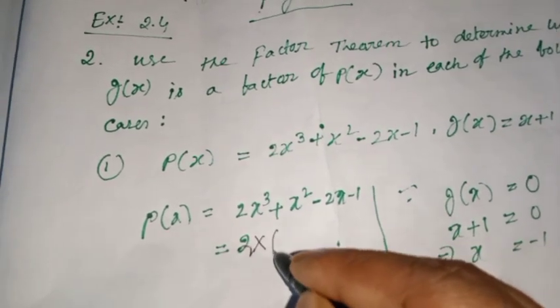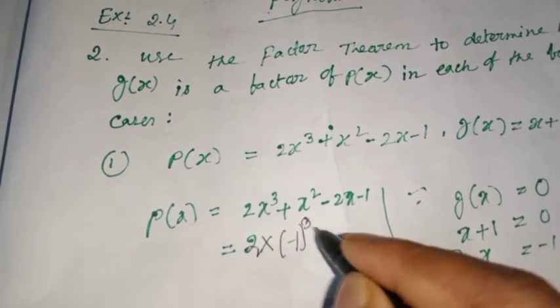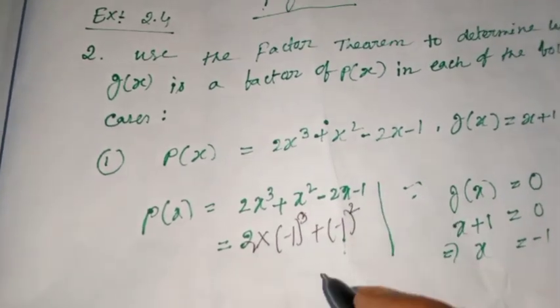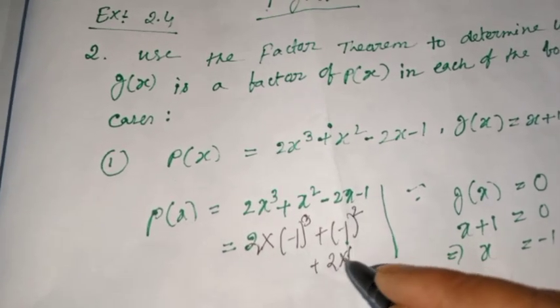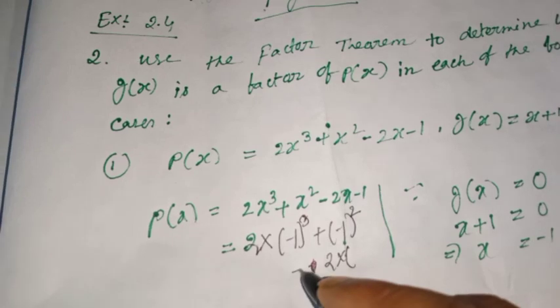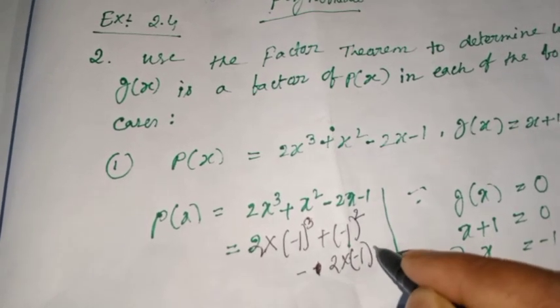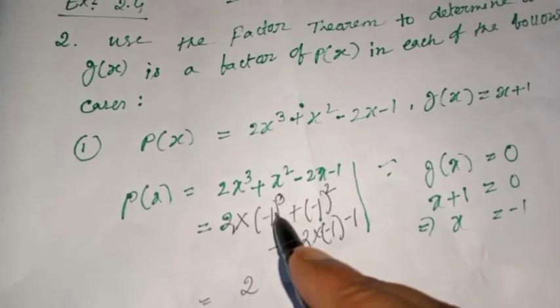Minus 1. So you have to write 2 into minus 1 cube. This is cube. Then x square is minus 1 square. Then 2 into x, the value of x is minus 1. Then again minus 1.